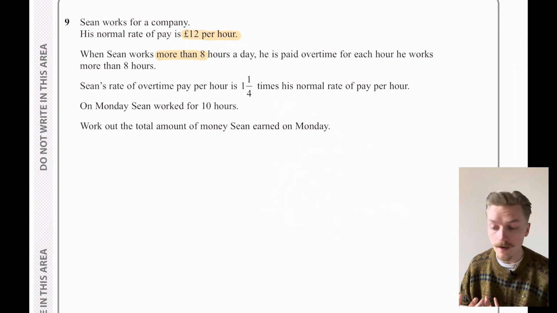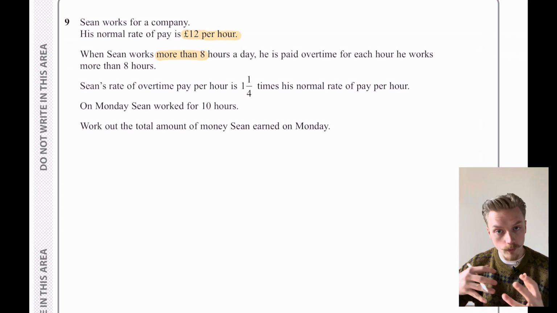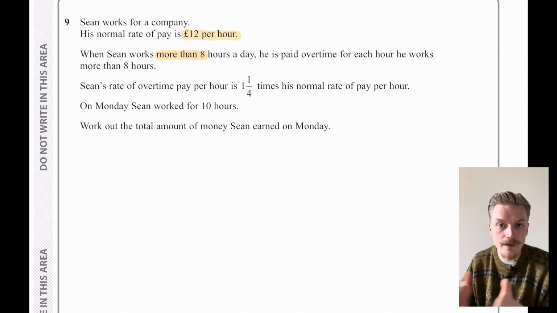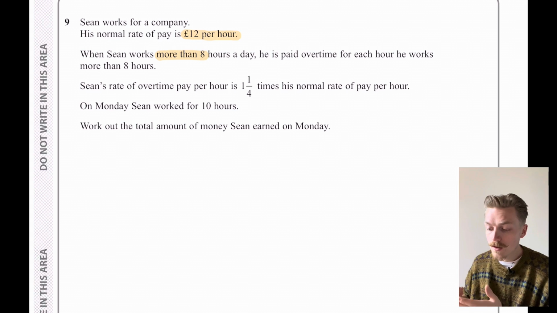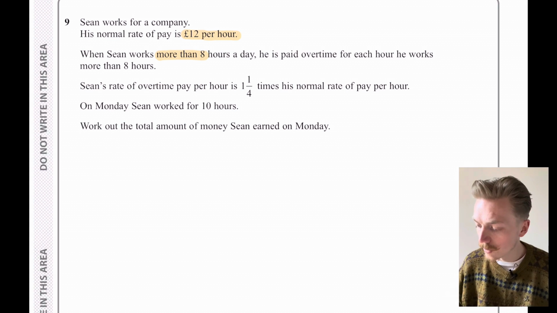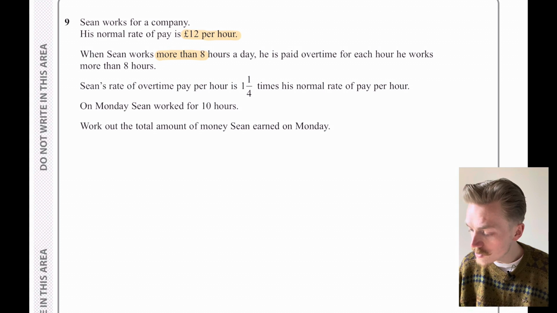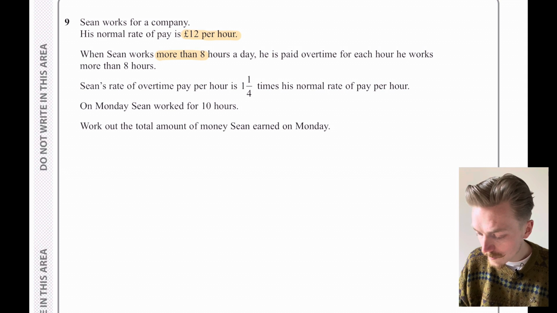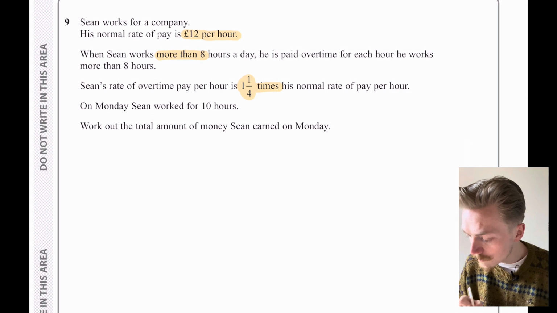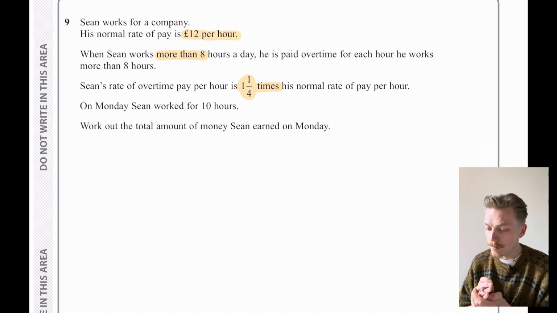The way overtime works is that if you work for longer than the hours you've been given, if they need you to do some extra work, they usually pay you a little bit more to keep going for that longer time. For each hour he works more than 8 hours, he gets this overtime. His rate of overtime pay per hour is 1.25 times his normal rate of pay per hour.